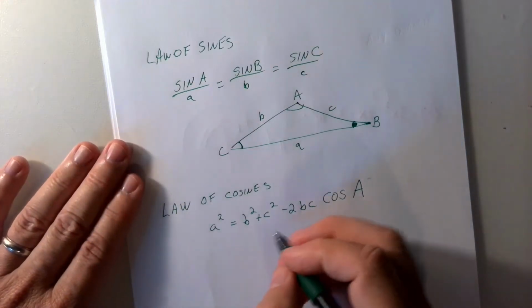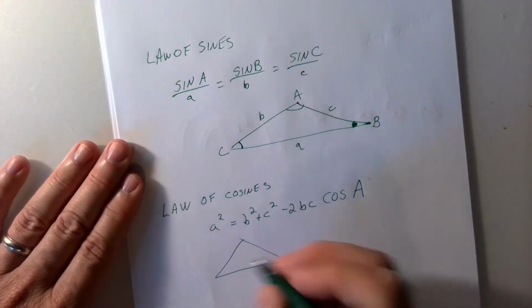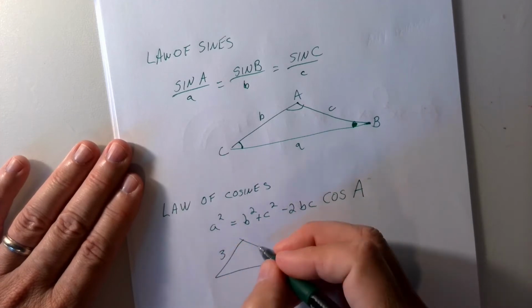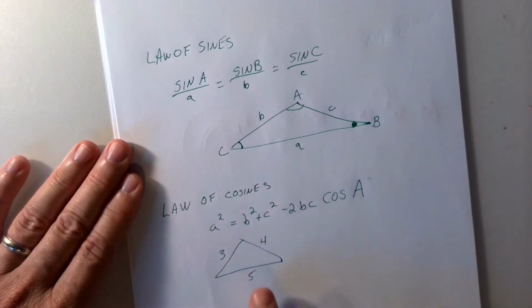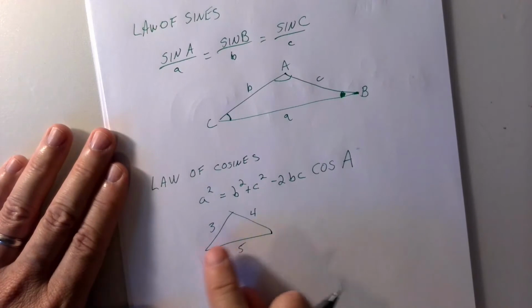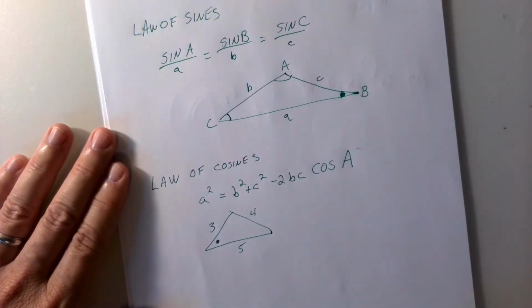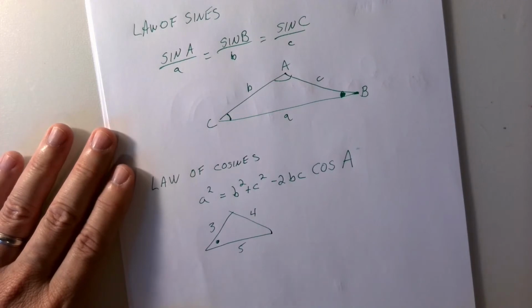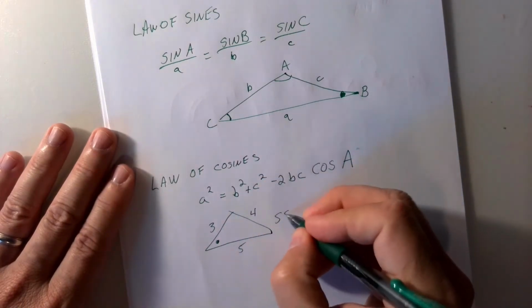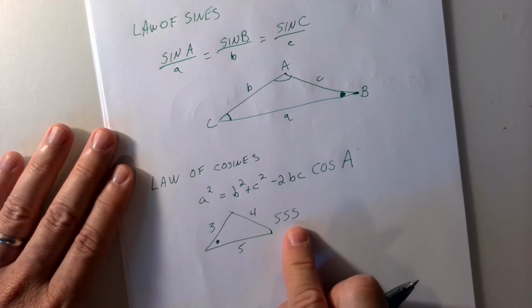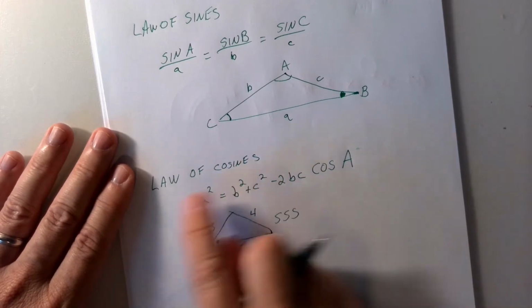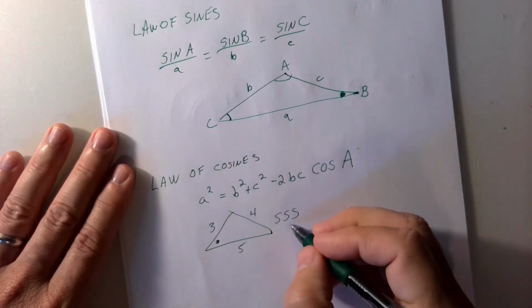When I'm given triangles and I have something like this, maybe a 3, a 4, and a 5 for the lengths of this triangle, and I want to know how big that angle is given these 3 lengths, I can use the law of cosines for that because I have side, side, side.